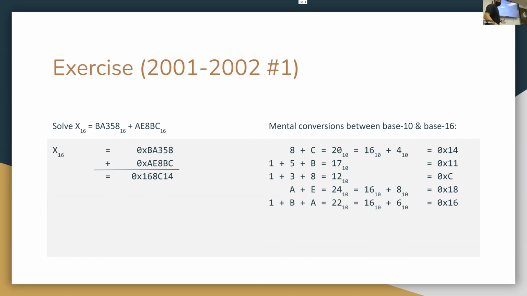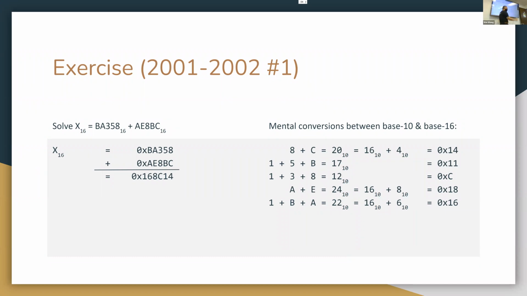Because I don't have the system in my head. Let's say A plus B in hexadecimal is what? I don't have that in my head. So what I do is I convert them, I do the result, right?